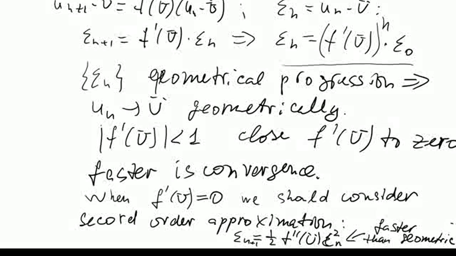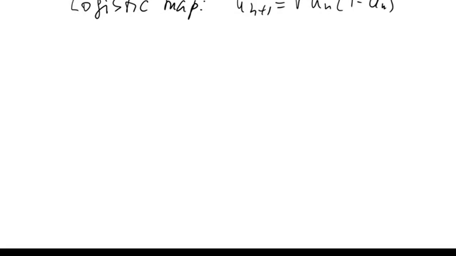Let's see how it works in terms of the logistic map. So we have the logistic map now. Un plus 1 equals r un times 1 minus un. We know that we have two fixed points, u1 equal to 0 and u2, which is 1 minus 1 over r.